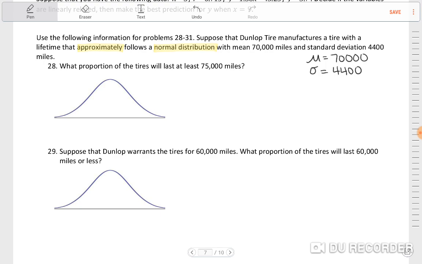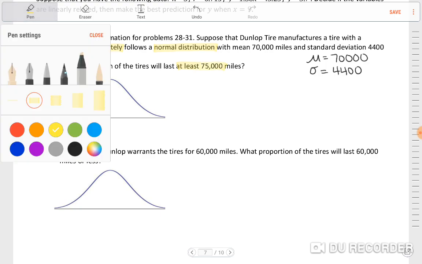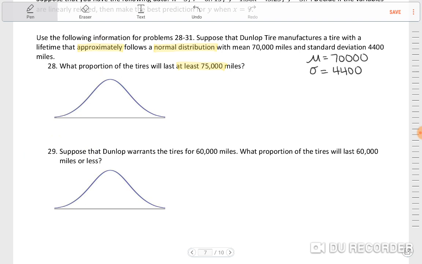Okay. What proportion of the tires will last at least 75,000 miles? Okay, so let's start by labeling. Right in the middle goes our mean. This time it's not 0 because we're not in the standard normal. This is still a normal distribution, but it's not the standard, and we're not in terms of z, we're in terms of x now.